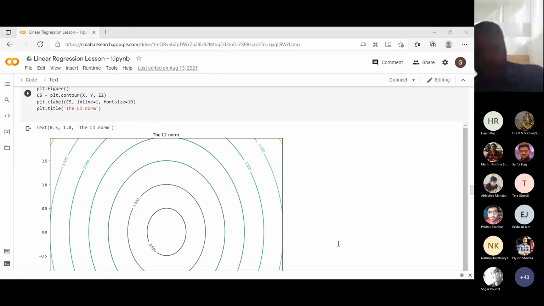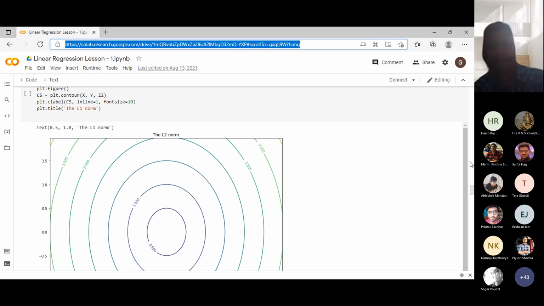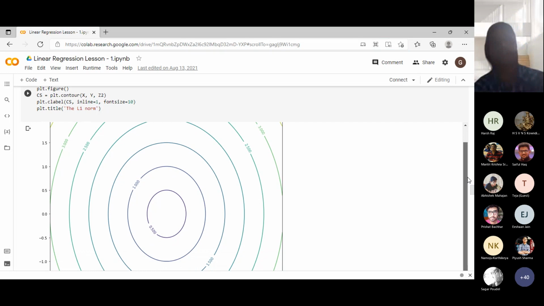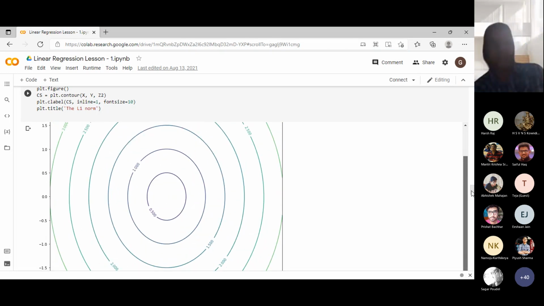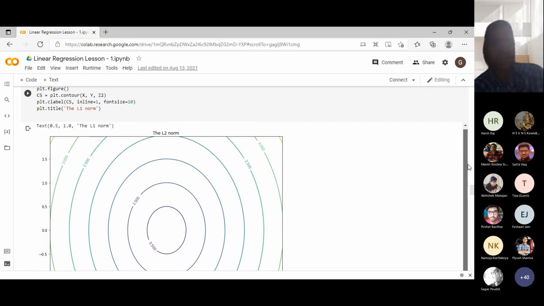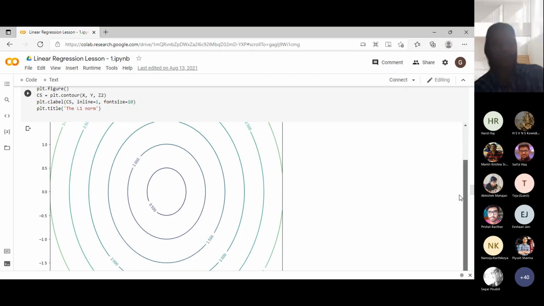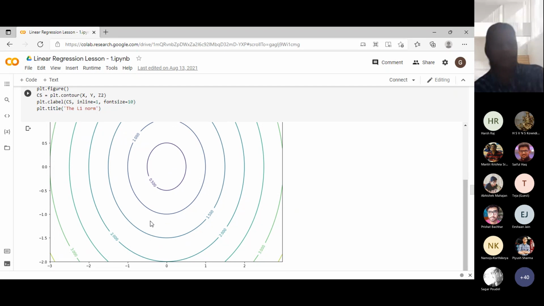This is something I show in my basic optimization course, in my machine learning course, but I'm just going to focus on the L2 norm's level curves. As you can see, they are basically concentric circles, but they could also be ellipsoids if you look at some transform space of the original vector, but they're largely concentric circles or ellipsoids.